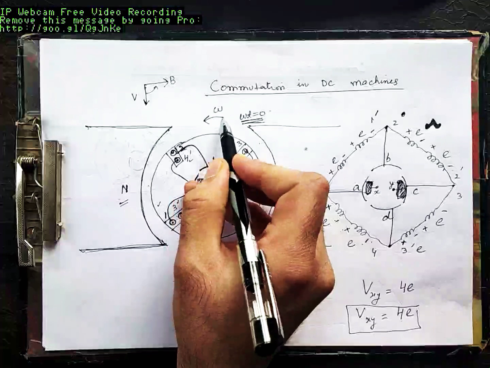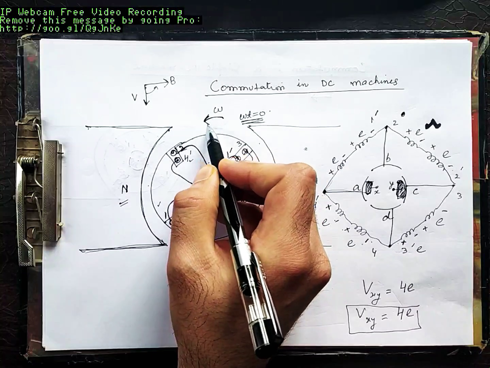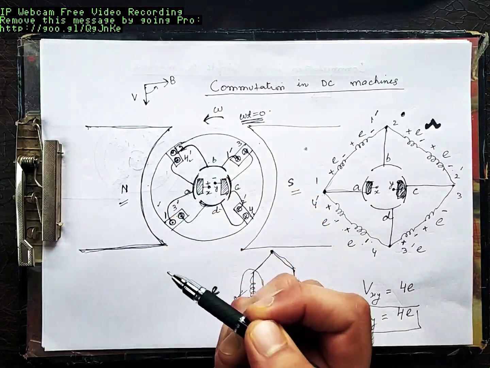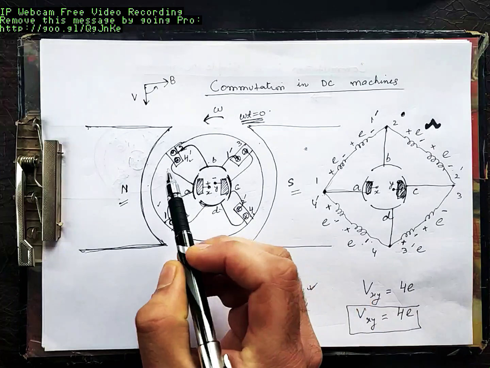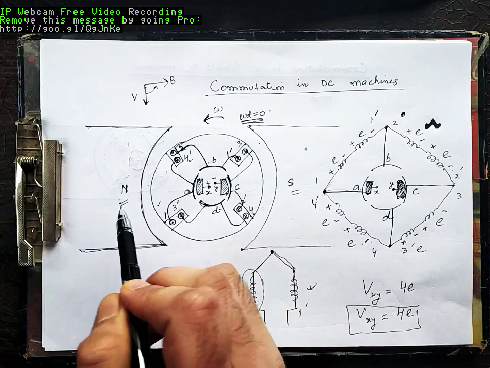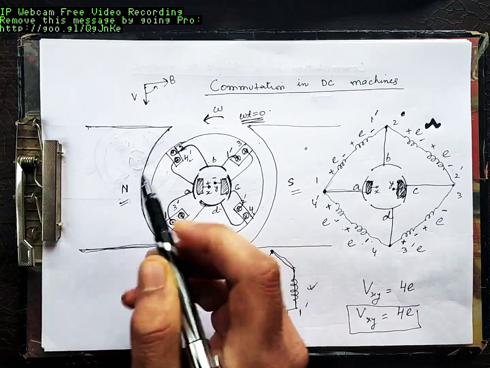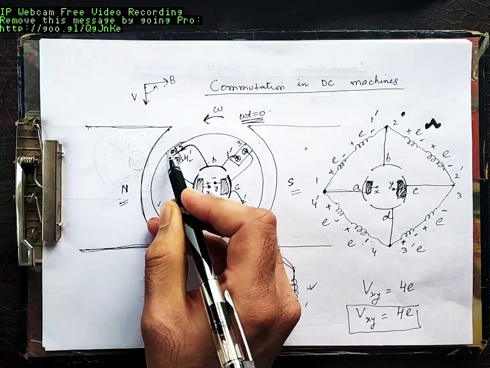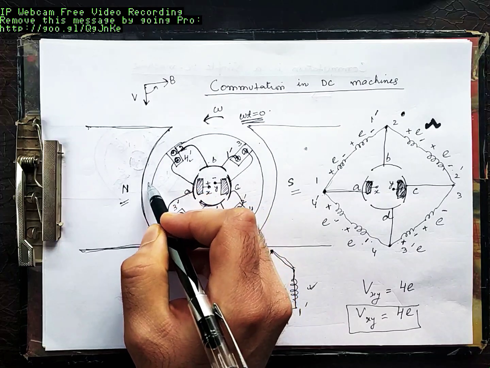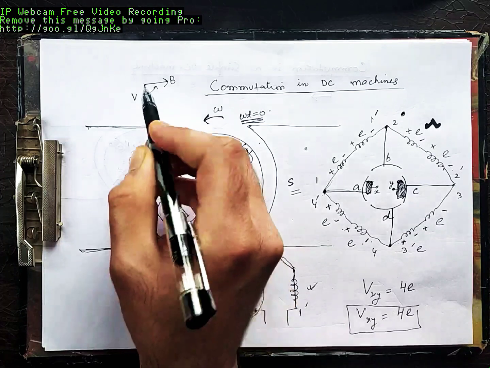Since the rotor is rotating in the anti-clockwise direction, for conductors under the north pole, suppose here it's going in this direction, so this is the direction of velocity v.